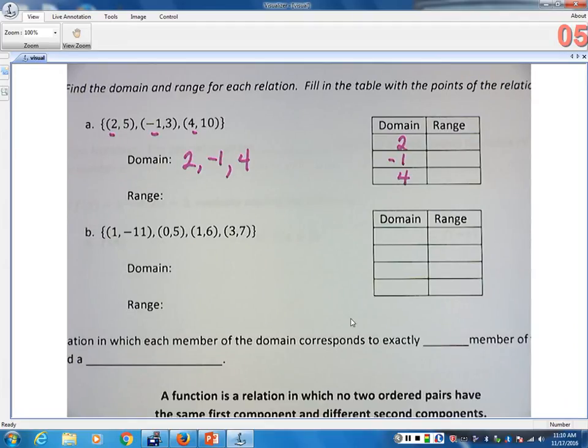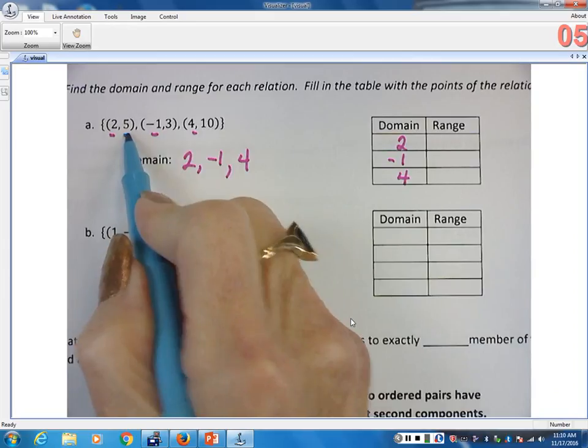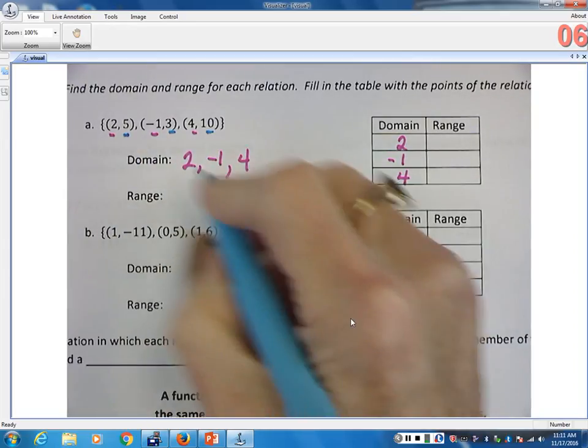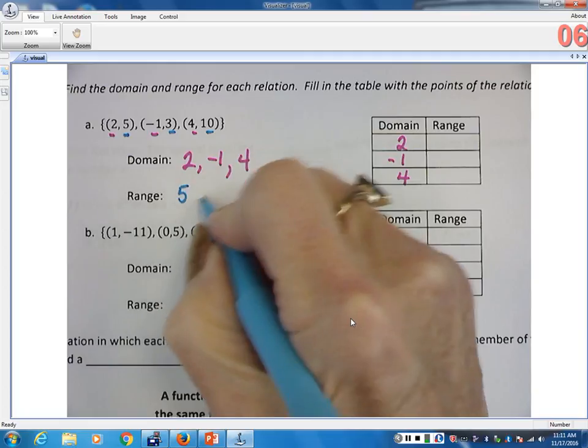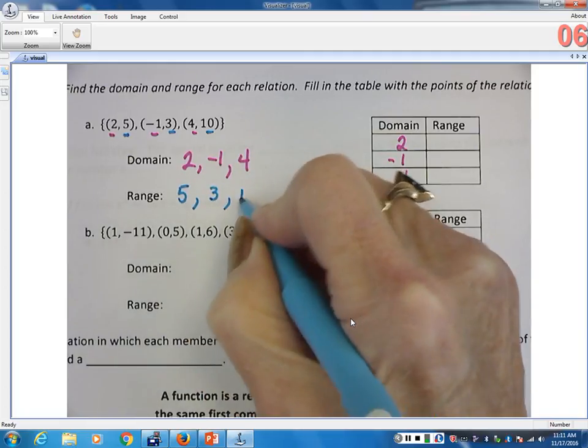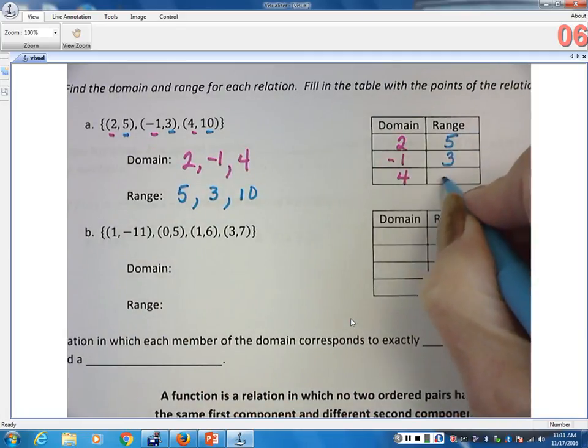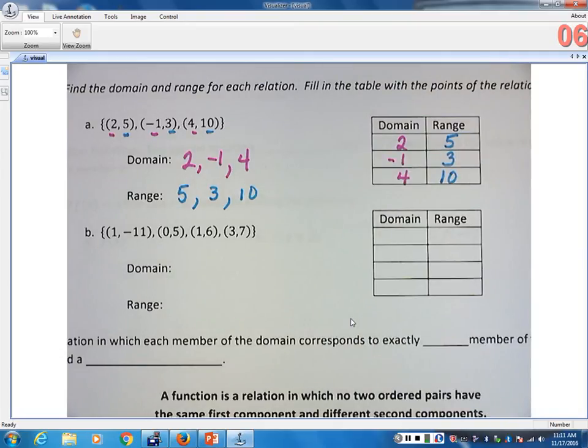And then the range is the second set of components. So that would be 5, 3, 10. So what you have in front of you is three ways right now that you can represent a relation. And we don't know at this point if it's a function yet or not because we haven't defined a function.